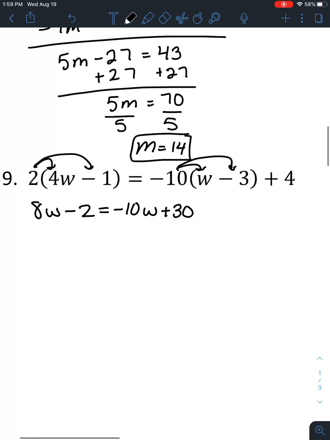And then I'm just going to bring down my plus 4. Here we do have like terms over here on the right hand side, so I'm going to rewrite my left hand. 8w minus 2 equals negative 10w. 30 plus 4 gives me a 34.